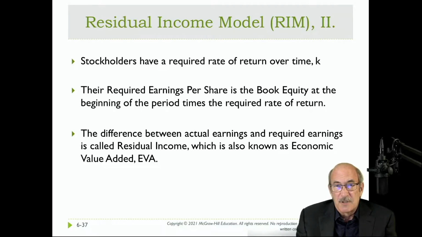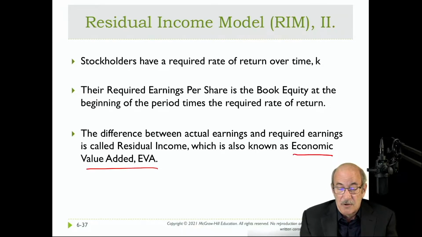The difference between that value and the actual earnings is the residual. It's what's left over. If it's positive, then we have done better than what we needed to do. And this concept is known in economics as the economic value added.